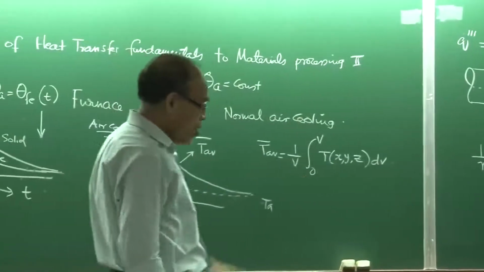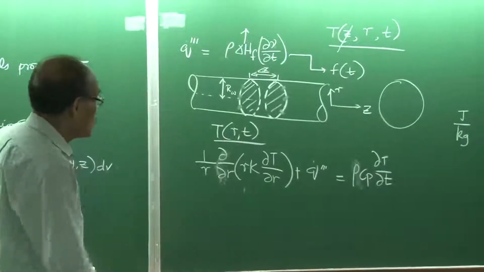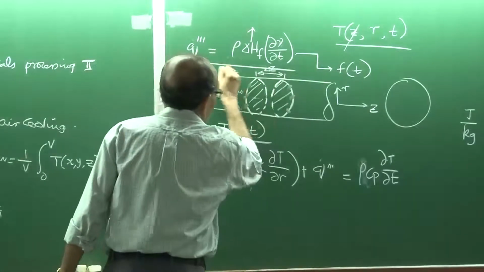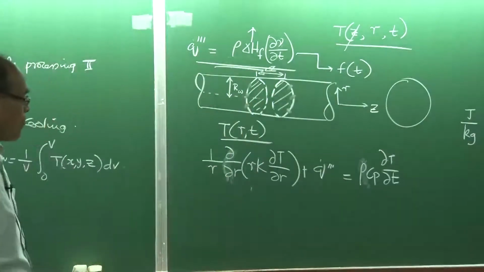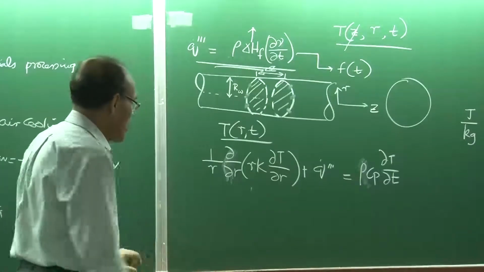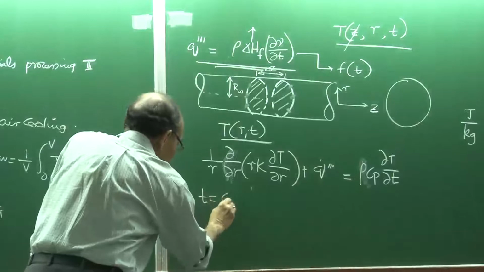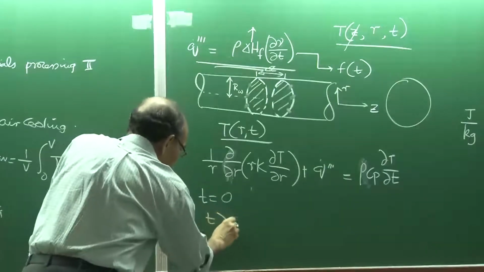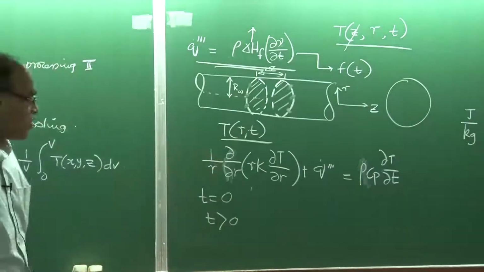Now the source term can be formulated, as I have indicated here, and for this particular equation we have an initial condition, and two boundary conditions for the second order equation.